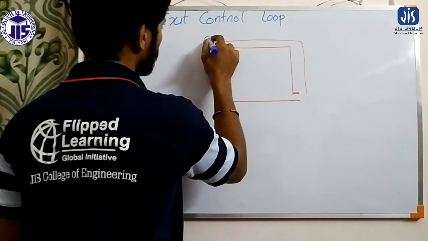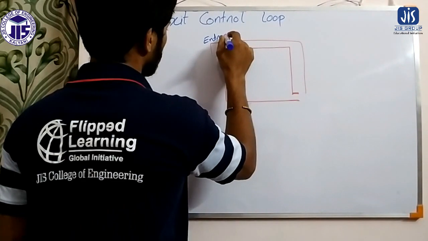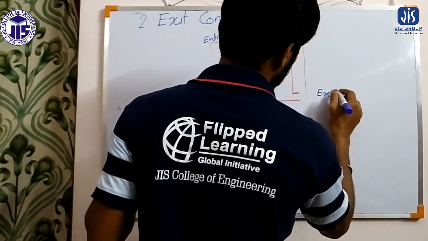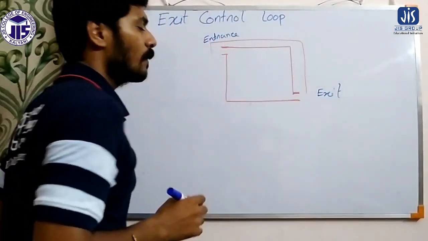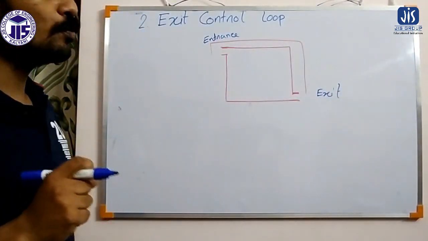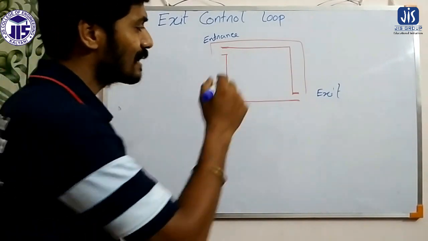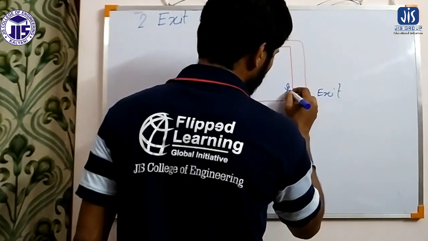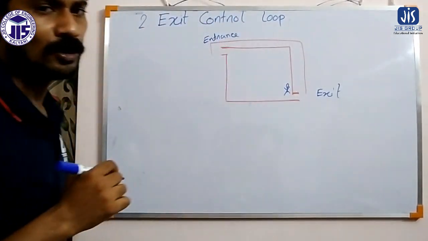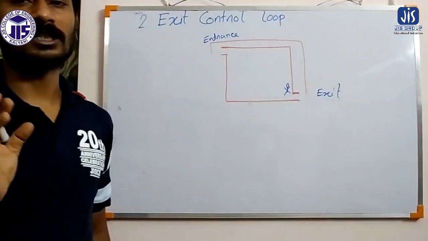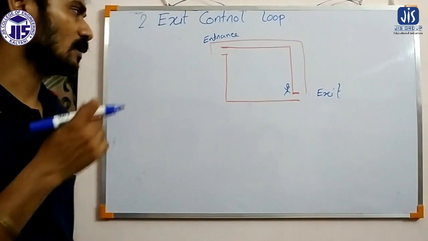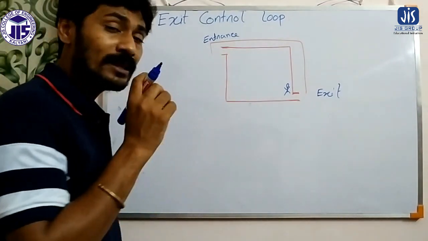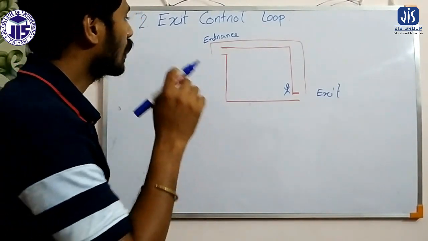This is the entrance and this is the exit, and this is our classroom. So in the exit control loop, we are going to apply the condition at the exit point. That means here we are going to apply the condition. So entry is not at all restricted, but exit is restricted. Okay. So how the exit is restricted, I will show now.